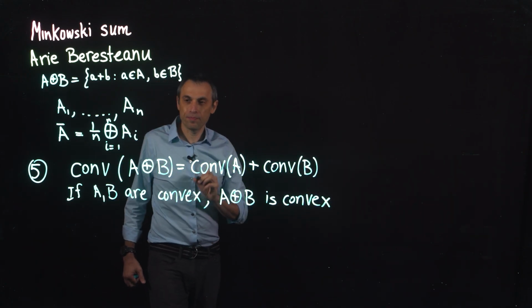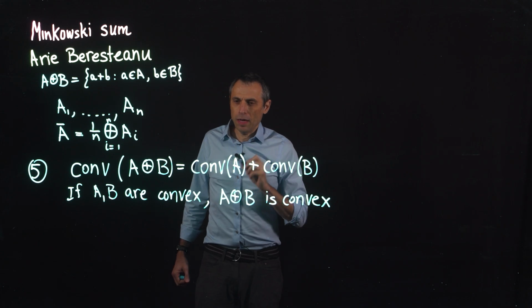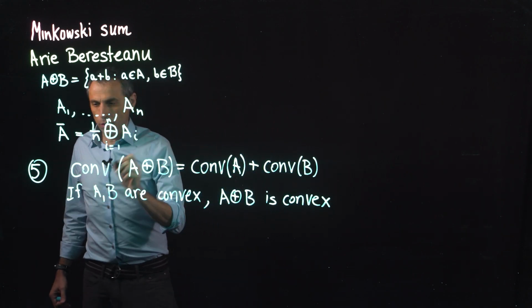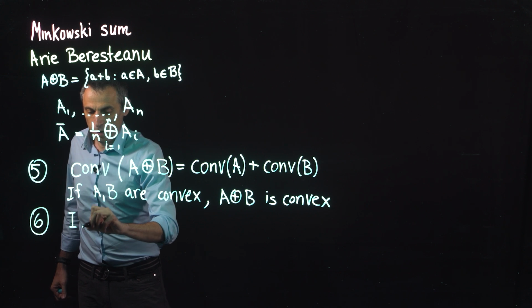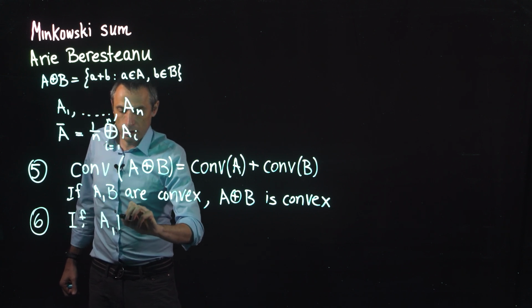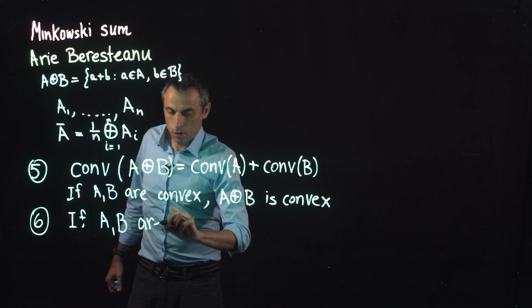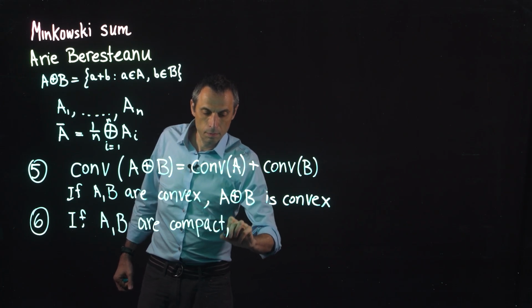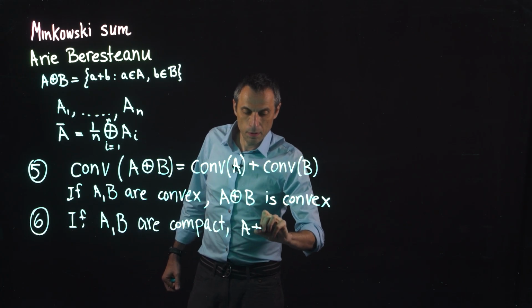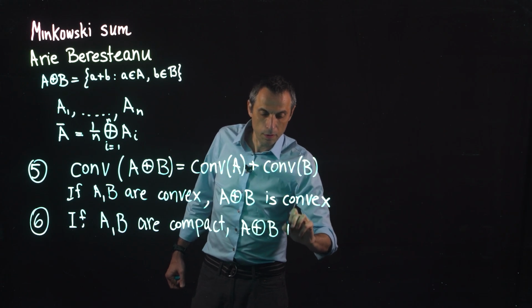The other thing worth mentioning is number 6: if A and B are compact, A plus B is a compact set.